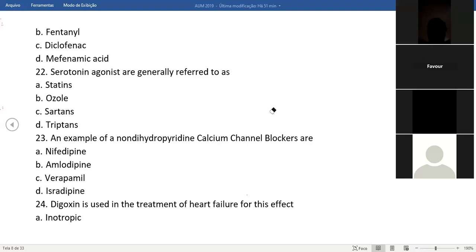An example of a non-dihydropyridine calcium blocker is verapamil, correct.